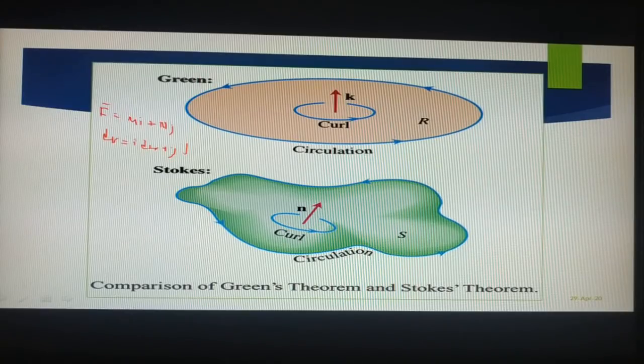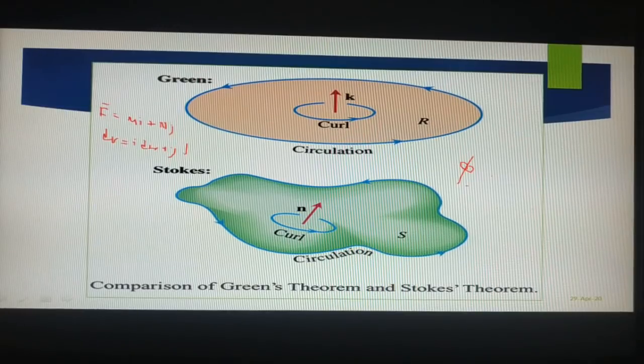From that we get integral C F bar dot dr equals M dx plus N dy. Do you remember the Green's theorem statement? Integral C M dx plus N dy is equal to the double integral over the region of dou N by dou x minus dou M by dou y dx dy.